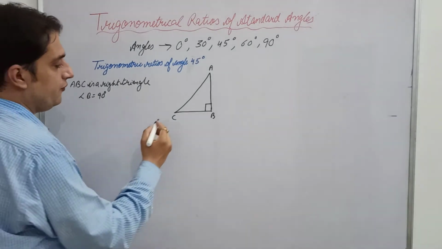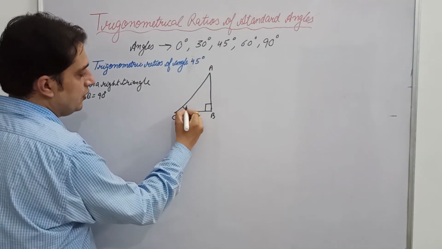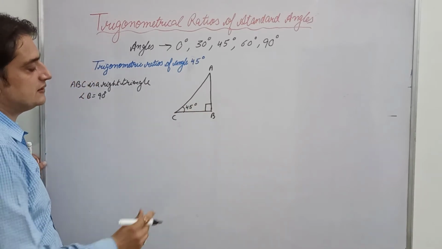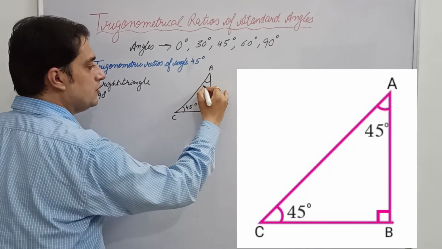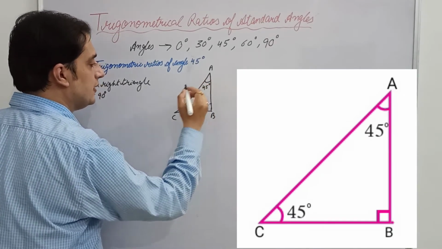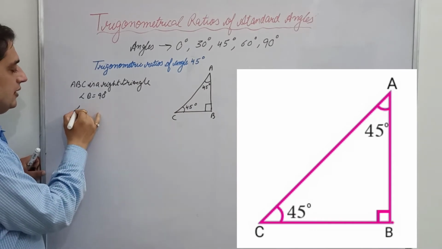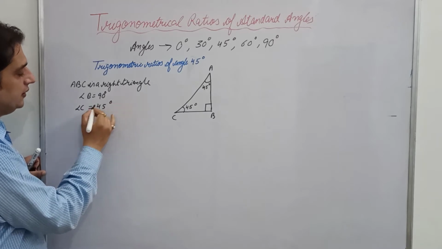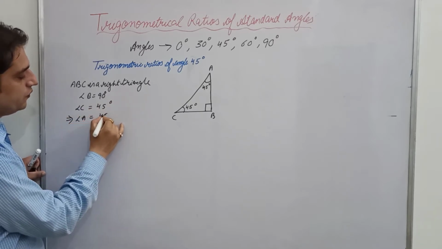Right. If one of the acute angles of this triangle is 45 degree, then the other angle is also 45 degree, right? If I take this angle C as 45 degree, it implies the angle A is also 45 degree.